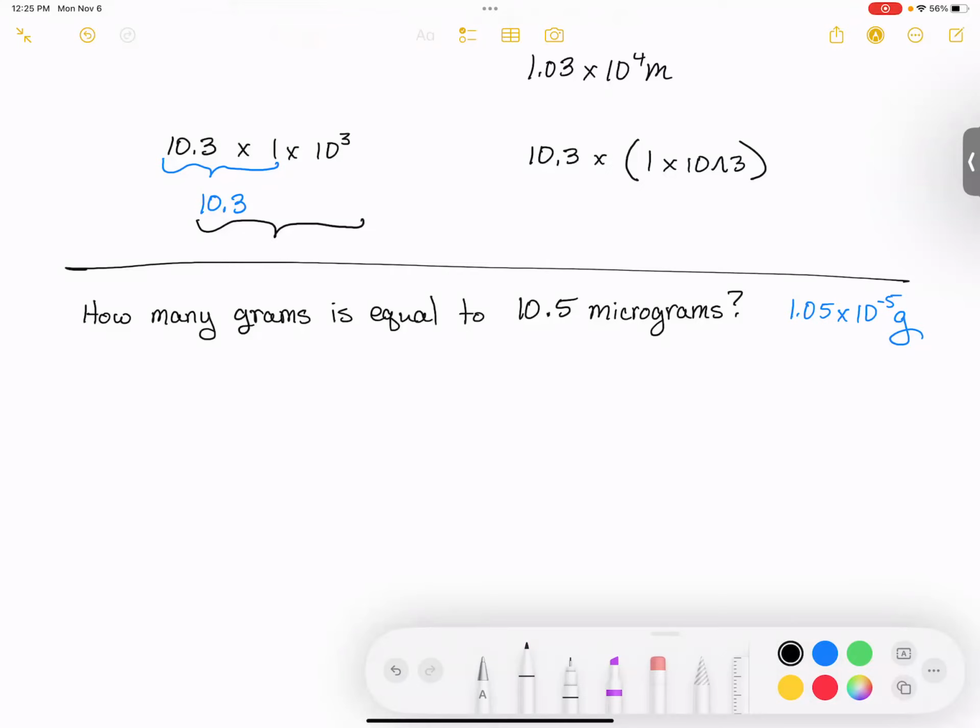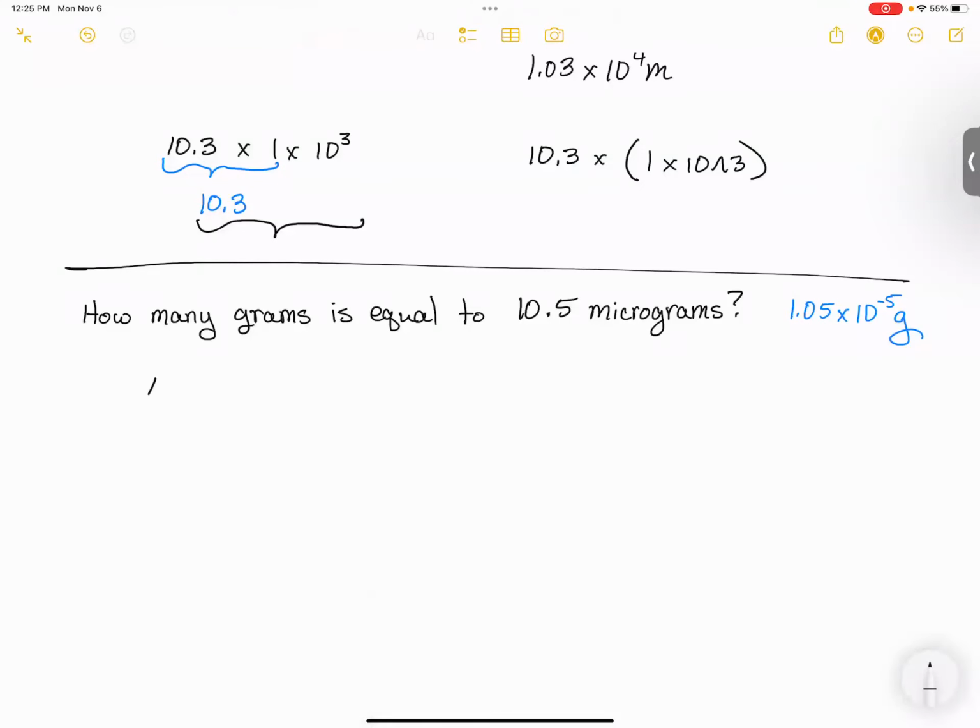Micro is the funky looking U, fourth up from the bottom of the table. It's actually the Greek letter mu. Yes, it's minus 2, correct. That was the answer.